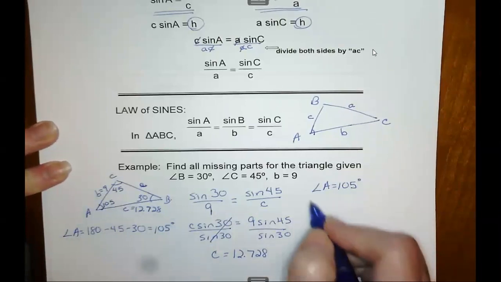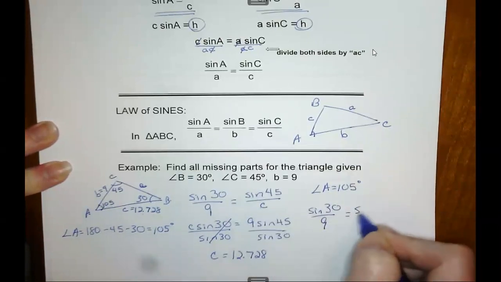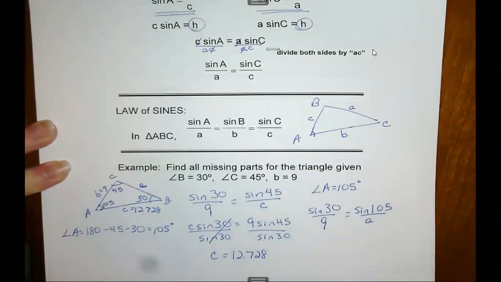All right, so I'm going to start back again with this same ratio. Sine of 30 degrees over 9 equals sine of 105 over side A. All right, so we're going to cross multiply.